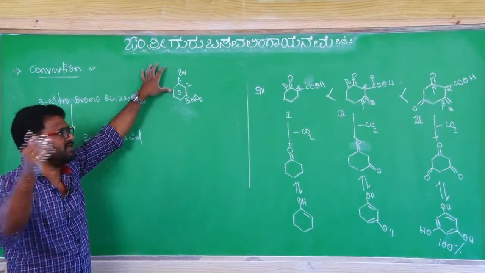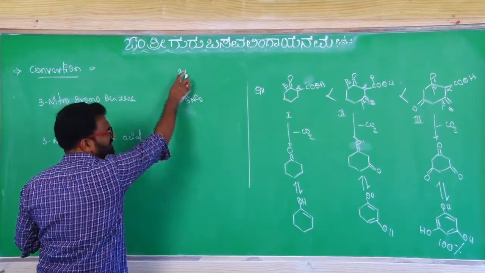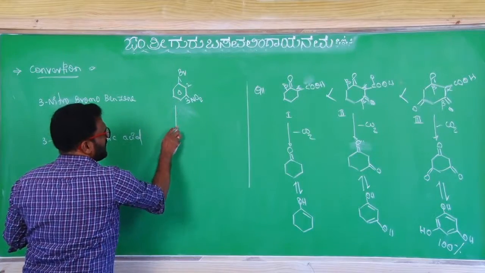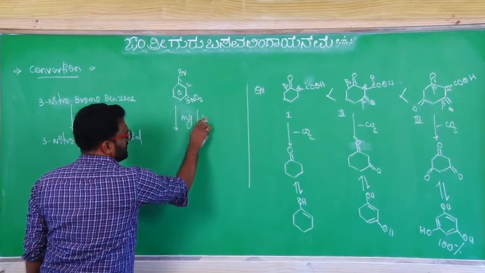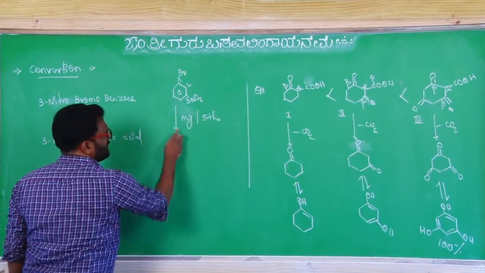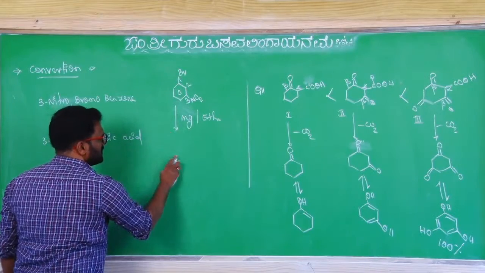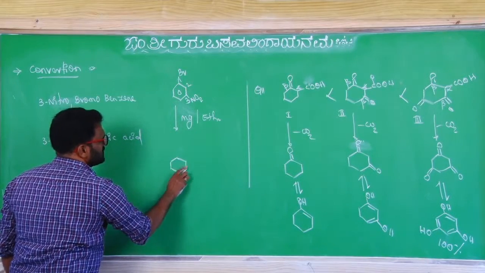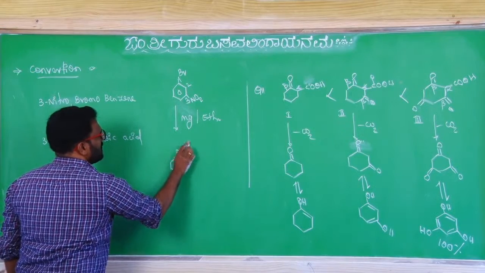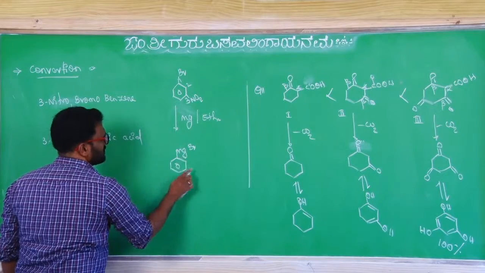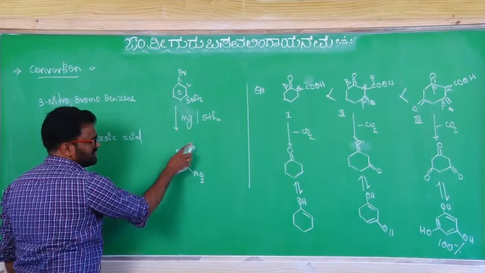Here the whole group is R and this is X, the halogen. When RX reacts with magnesium powder in the presence of dry ether, there will be insertion of magnesium between bromine and this aryl group. Resultant you will get RMgX, with magnesium and bromine, and this is 3-nitro.